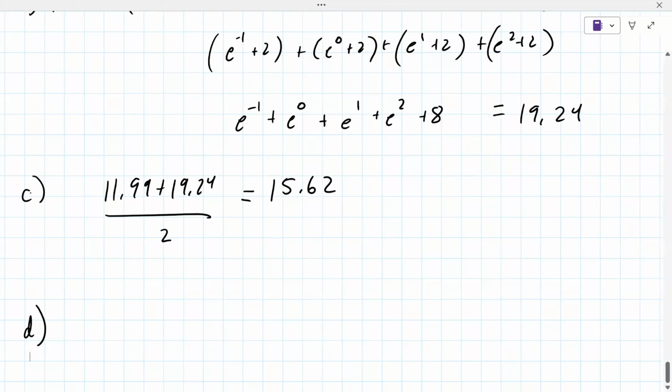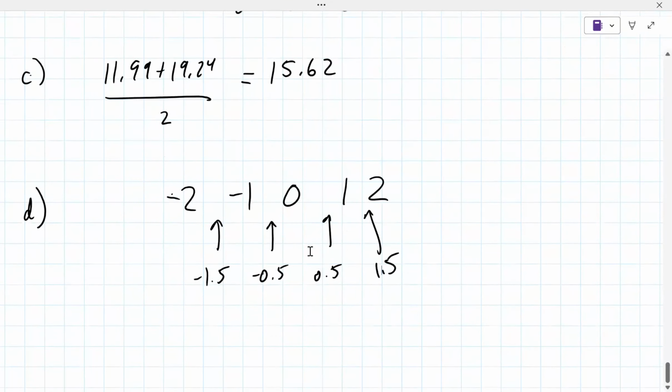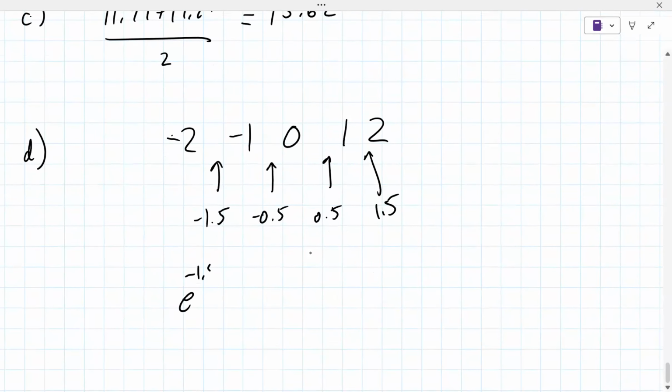All right, so part D, the midpoints, this is where it gets even worse. So these were the original values. You have to find the midpoints: negative 1.5, negative 0.5, 0.5, 1.5. So this becomes e to the negative 1.5 plus 2 plus e to the negative 0.5 plus 2 plus e to the 0.5 plus 2 plus e to the 1.5 plus 2.